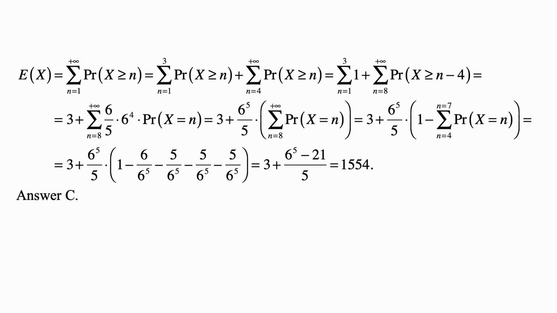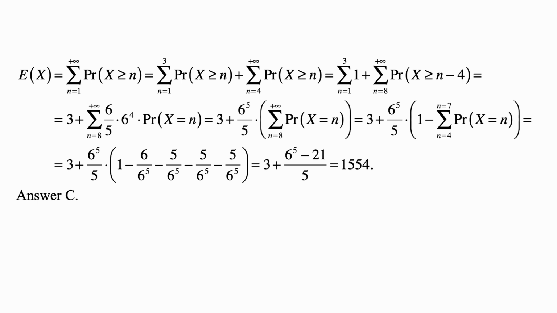So it's just 1 minus the sum from n equal to 4 to 7 of the probability that x is n. And then we just have 3 plus 6 to the 5th over 5 times 1 minus 6 over 6 to the 5th minus 5 over 6 to the 5th minus 5 over 6 to the 5th minus 5 over 6 to the 5th. These are the calculations we did before.